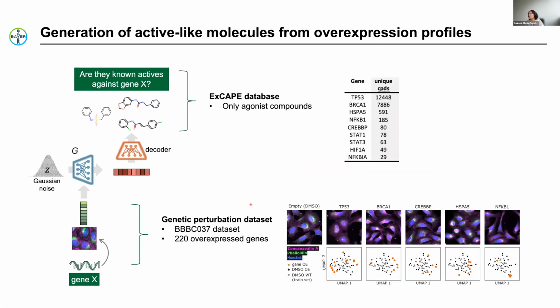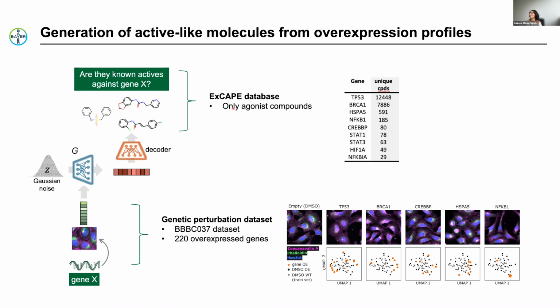For this part of the study, we used as input profiles genetic perturbations from the so-called BBBC037 dataset, which contains gene overexpression perturbations for 220 genes. And to search for actives, we searched in the ESCAPE database.